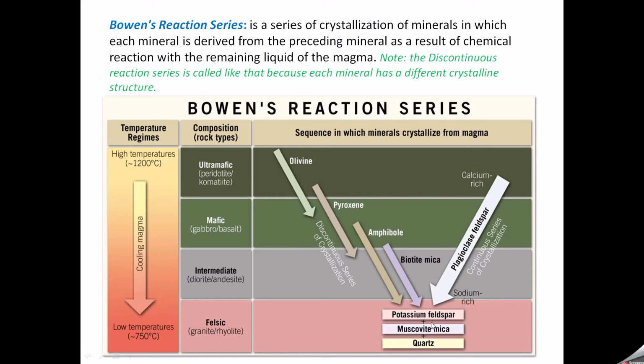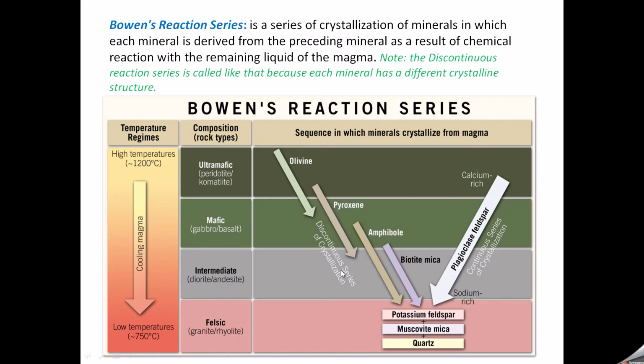quartz. So minerals at the upper part, olivine and calcium-rich feldspar, form ultramafic rocks. Pyroxene, amphibole, calcium and sodium feldspar, and some biotite form mafic rocks, gabbro and basalt.